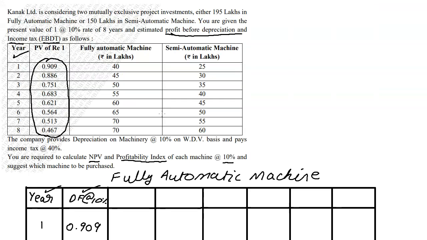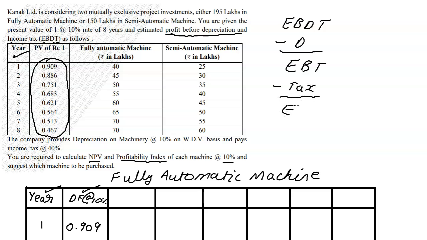Our next step is to start proceeding towards cash flow. Remember, we would have EBDT in this question. We subtract depreciation, we get ourselves EBT. We subtract tax, we get ourselves EAT, earnings after tax or net profit after tax.